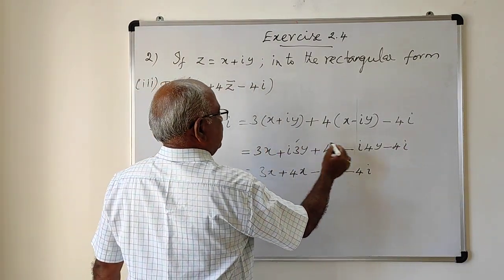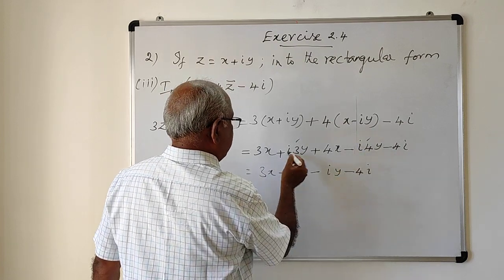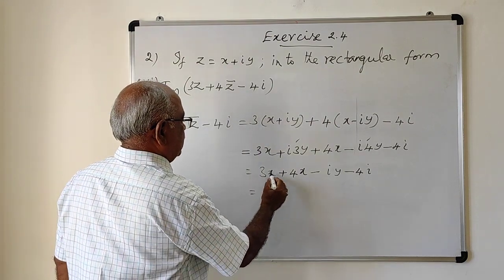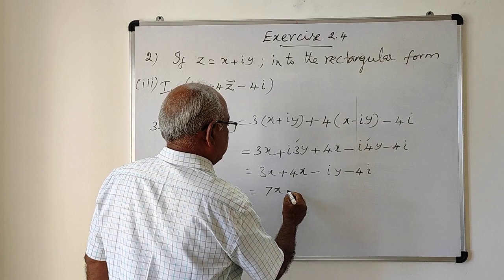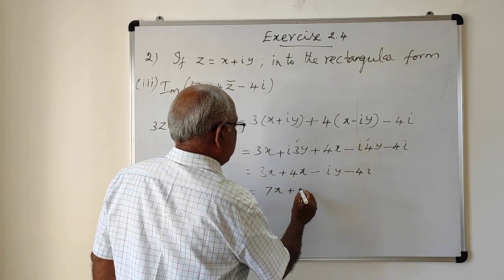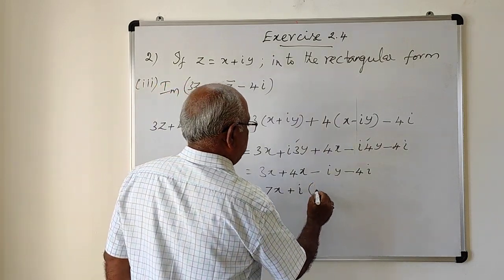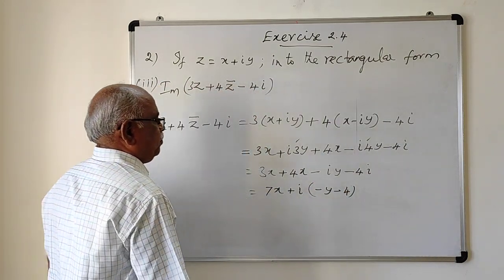Simplifying these two, minus 4iy plus 3iy, that is minus iy. This is equal to 7x, and here you take i outside as a common factor, you will get i times minus y minus 4.